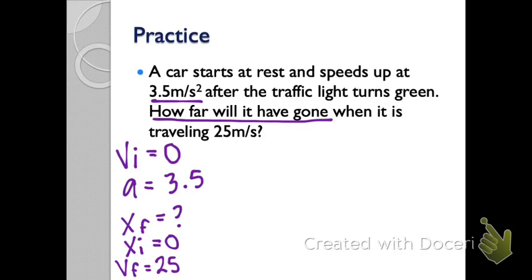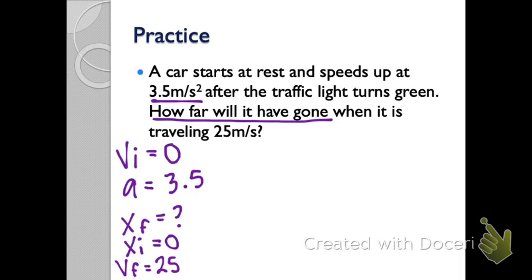So if I didn't know what equation I was using, considering I just gave you number 3, that's what we're going to use. But if I didn't know, I would look at my list and I would say I don't have time. I could use the first equation and solve for time, then use the second equation and solve for X final, but that's too much work.